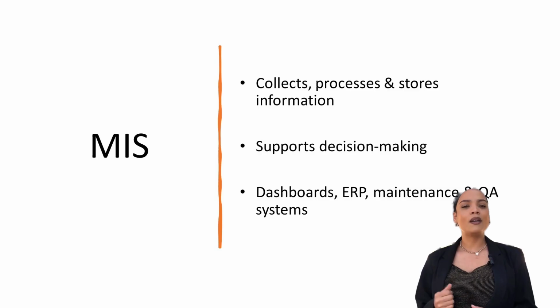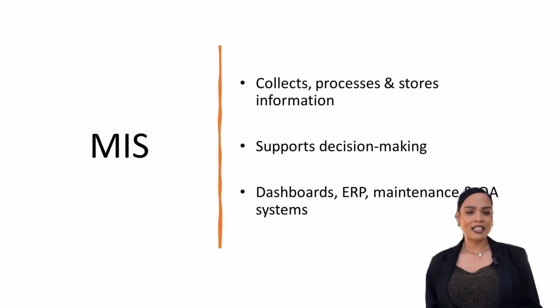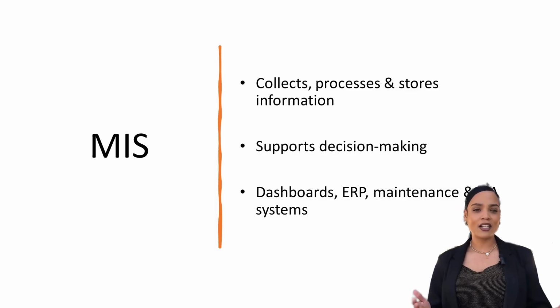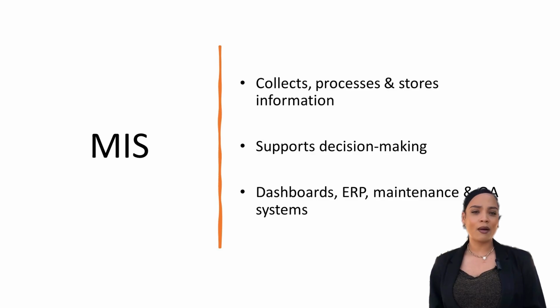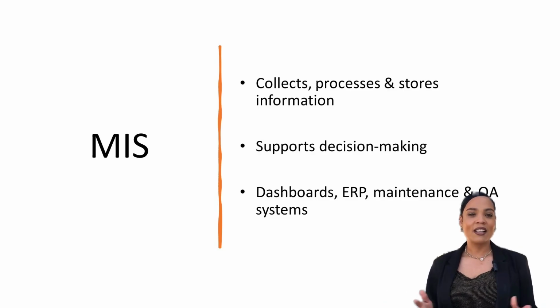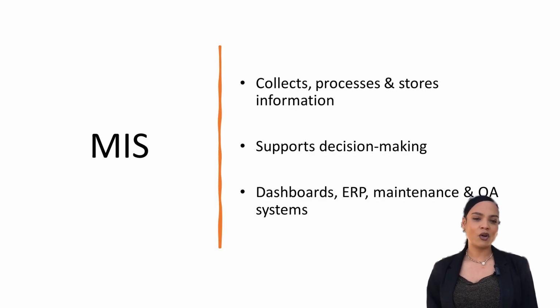Quality portals, capturing quality incidents, defects, audit results, and corrective actions. Operational dashboards, providing real-time performance data such as output, waste, OEE, and safety metrics. By leveraging these MIS tools effectively, organizations can achieve better visibility, stronger control over processes, and more proactive decision-making.